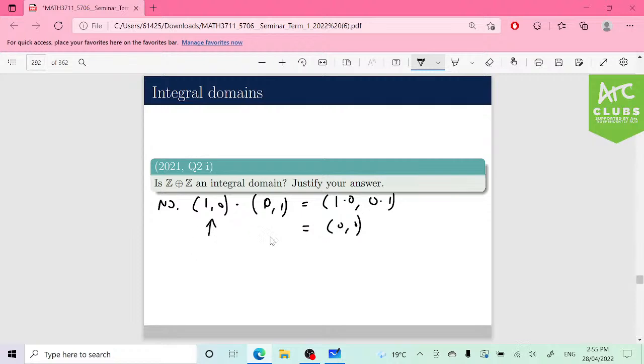But we know that neither of them is 0. So this is not an integral domain, because we have that r times s is equal to 0, but neither of them is 0.